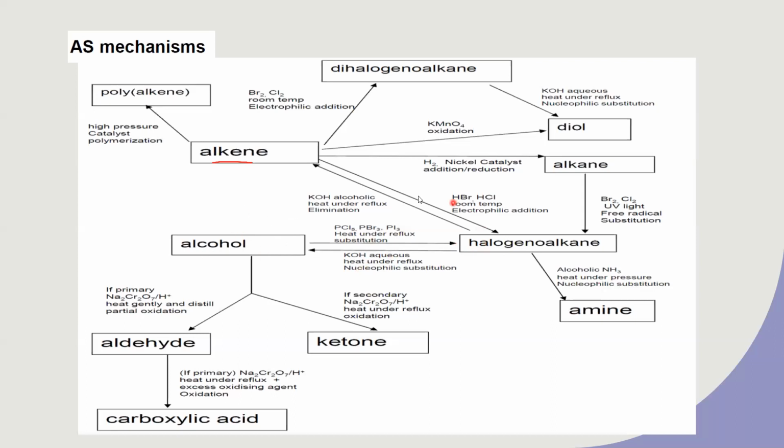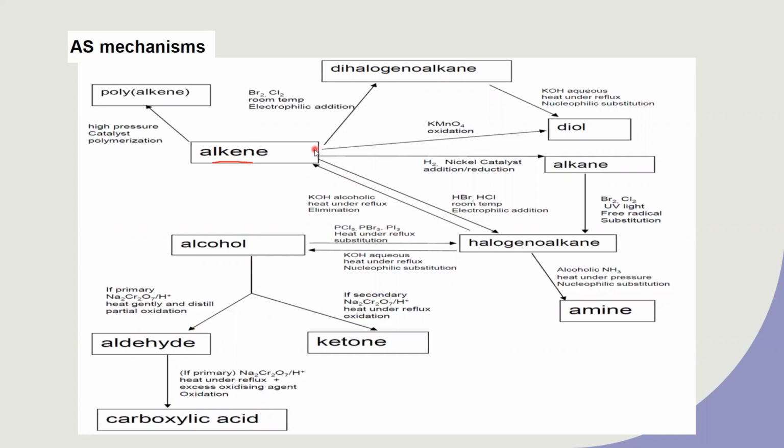But if alcohol is there and we react with PCl5, PBr3 or phosphorus triiodide, it will form halogenoalkane. And then alcohols, if we partially oxidize, will form aldehyde, and aldehyde will oxidize to carboxylic acid. If the alcohol is a secondary alcohol, it will form ketone. If primary alcohol, it will partially oxidize to aldehyde and then completely oxidize to carboxylic acid.